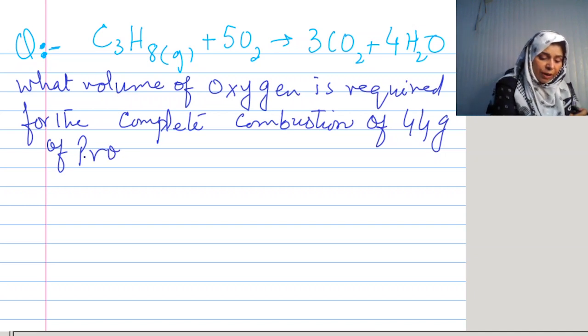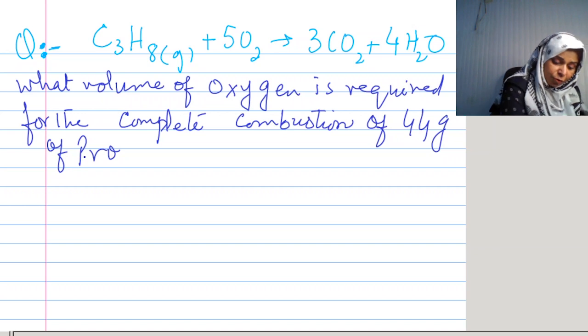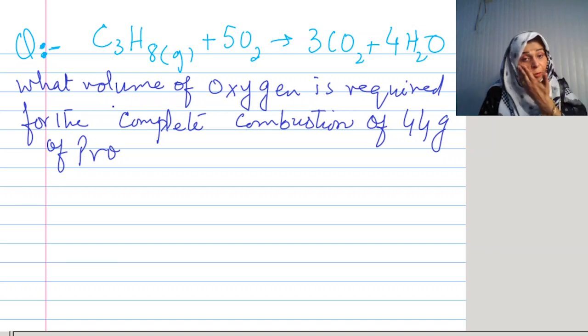What volume of carbon dioxide is formed? So we have to calculate two things for 44 gram of propane.